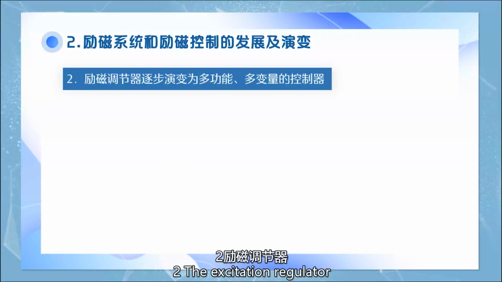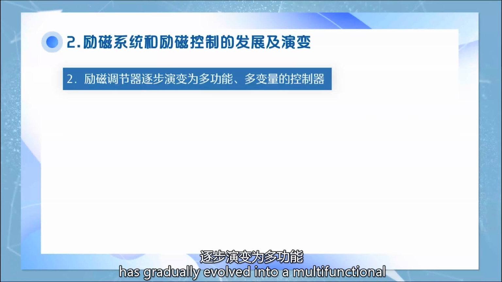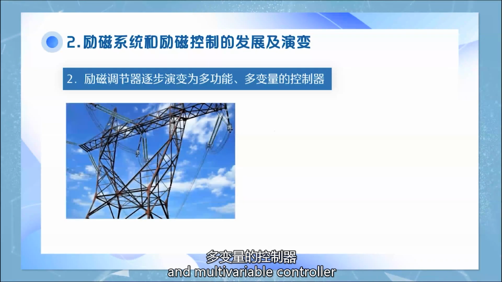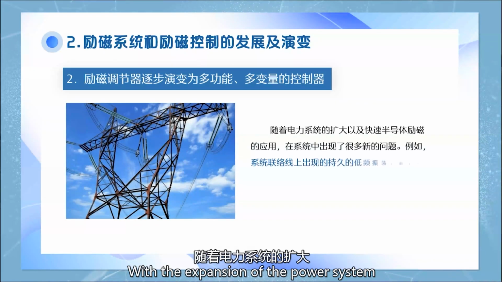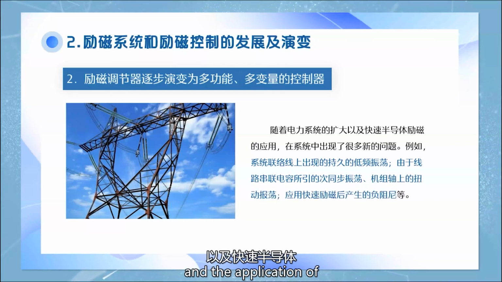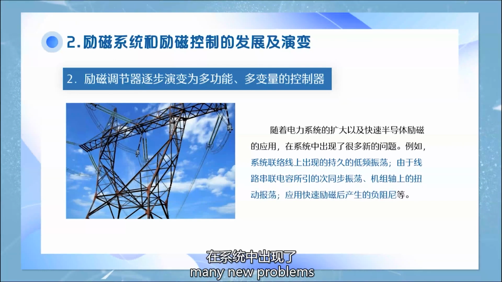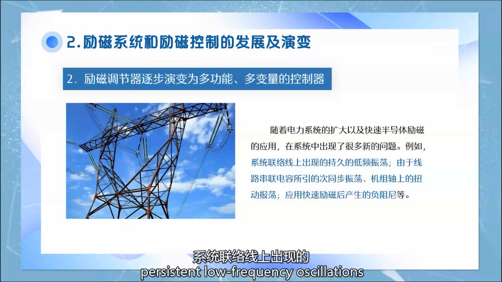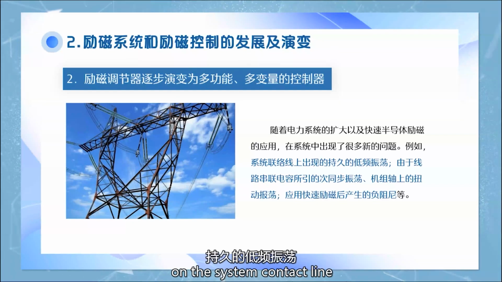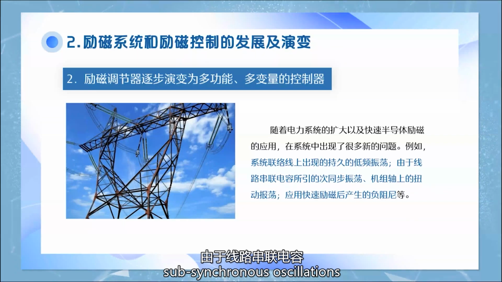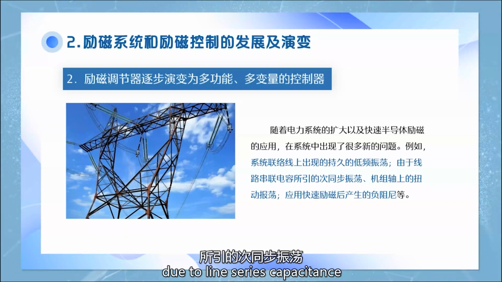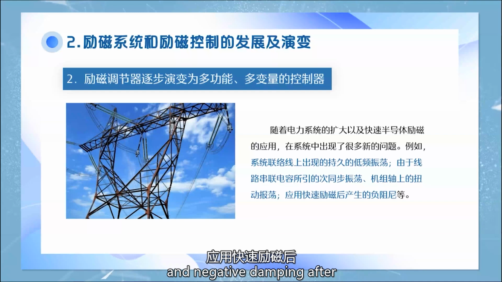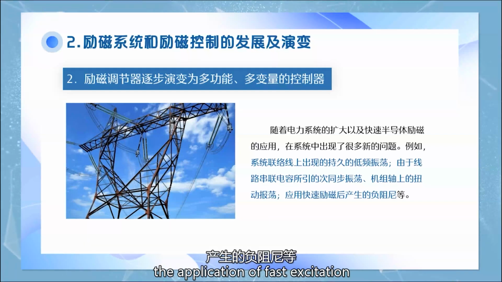Second, the excitation regulator has gradually evolved into a multifunctional and multivariable controller. With the expansion of the power system and the application of fast semiconductor excitation, many new problems arise in the system, such as persistent low-frequency oscillations on the system tie line, subsynchronous oscillations due to line series capacitance, torsional oscillations on the unit shafts, and negative damping after the application of fast excitation.